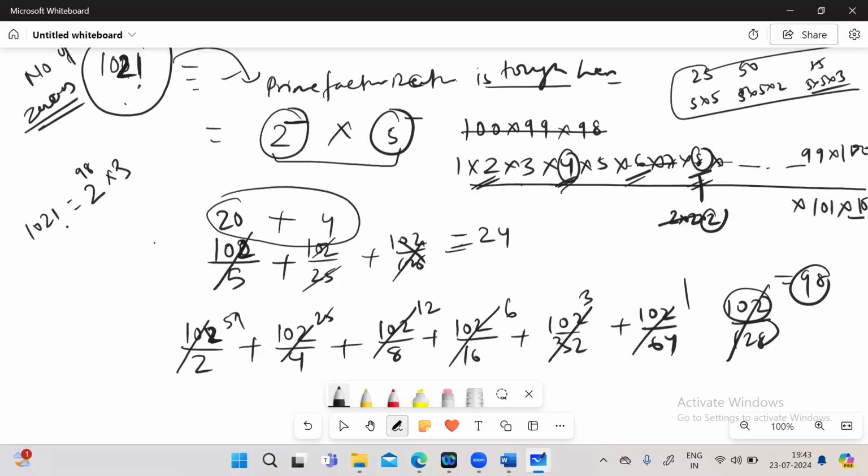Similarly, we don't know about 3 yet. Then 5 will have power of 24. Are you getting it right now? Yes, sir.